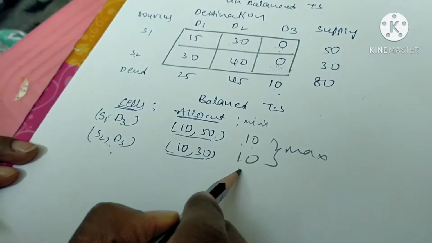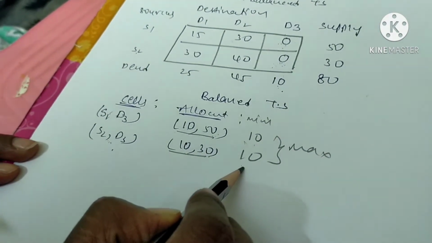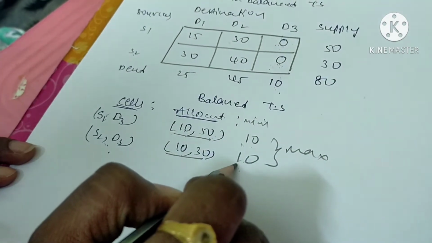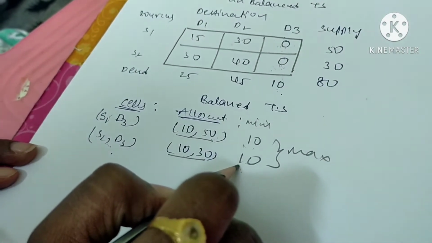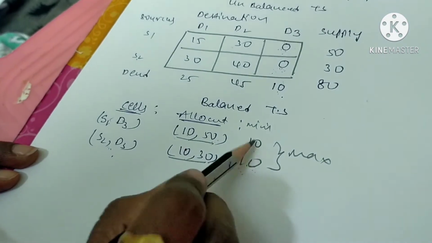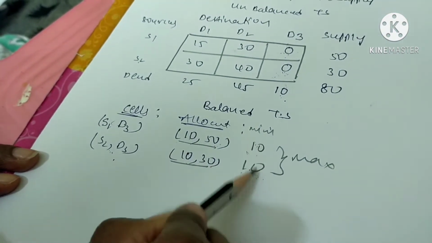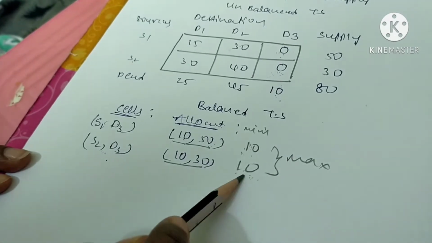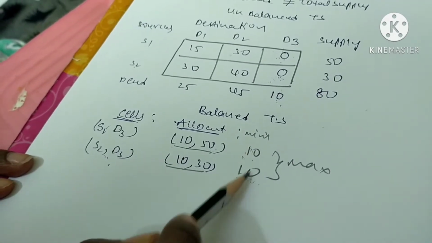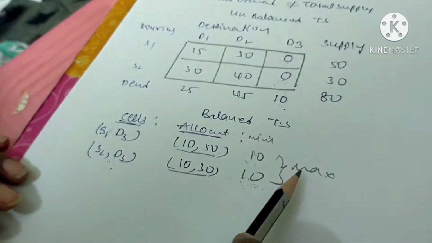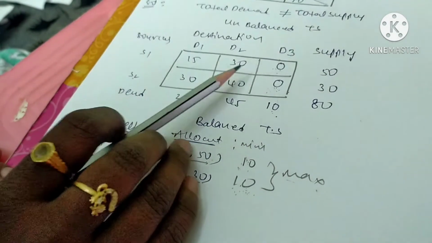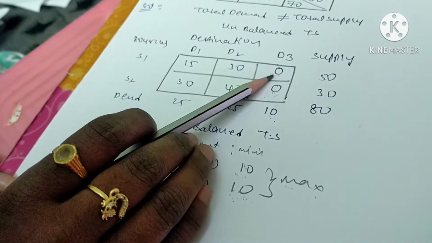Here we got the same number, so in this situation you can allocate anywhere. If we got different values, for suppose here you got 20, here you got 10, from both you have to select the maximum number. In least cost you have to select the least number.